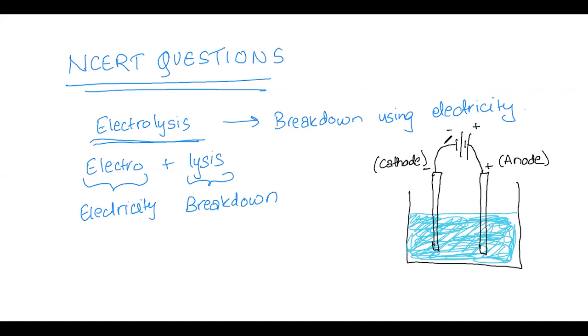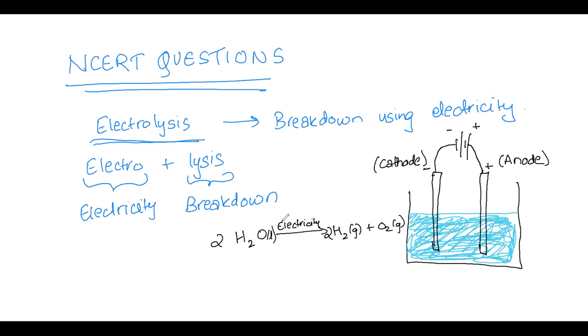Now what happens is, when electricity is passed, this H2O breaks down into H2 gas plus O2 gas. To balance, okay, so this is the balanced equation.